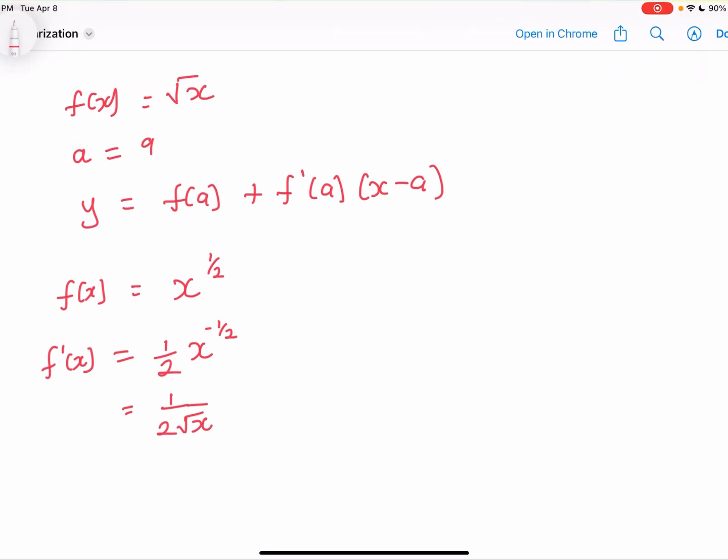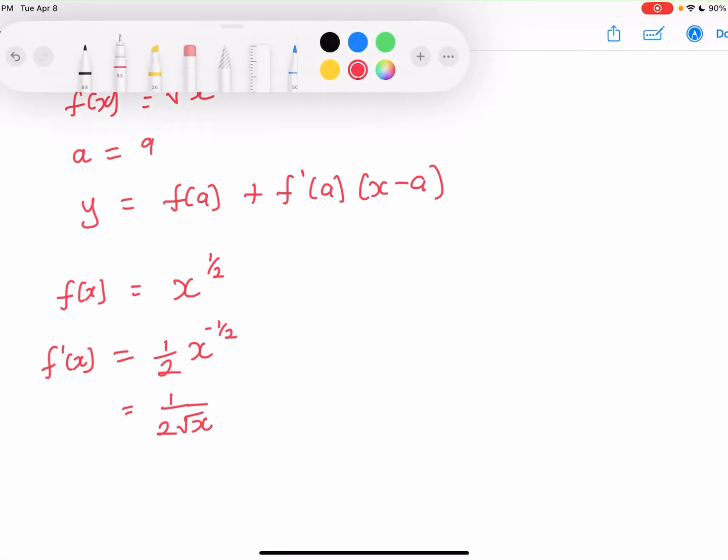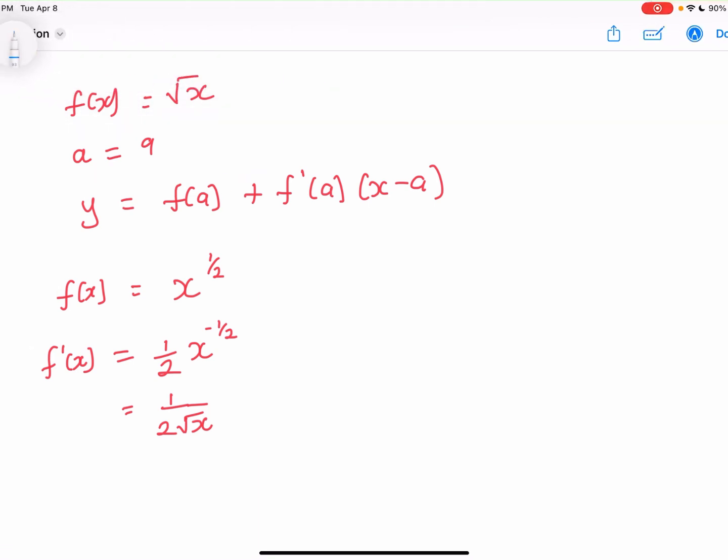Now by the linearization formula, we have to evaluate this at a. So we have to evaluate f prime at a. Here a is 9, so we are going to have 1 on 2, then square root of 9. So that will be 1 on 2 multiplying 3, that's 1 on 6.